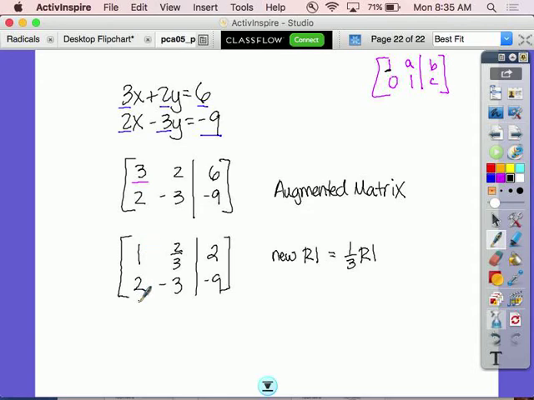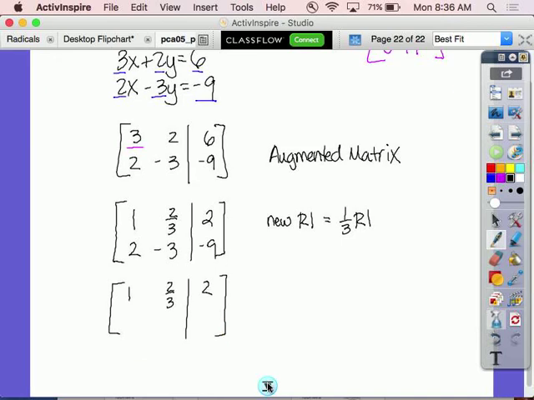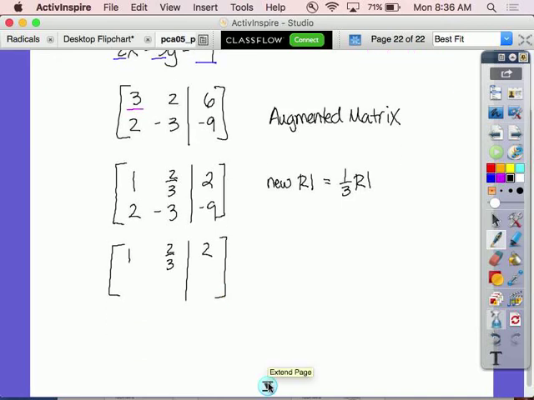So I'm going to keep row 1, 1, 2/3, 2, and keep that. But to get my new row 2, I'm going to do negative 2 times the current row 1, this row 1 right here, plus the current row 2.